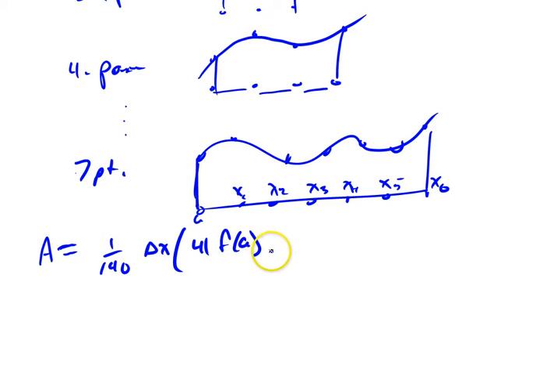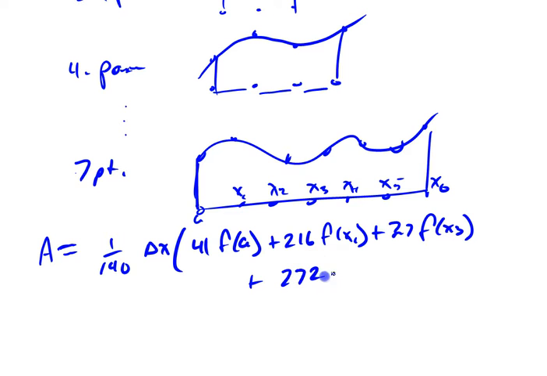So 41 times the first one, plus 216 times the second one, plus 27 times the third one, f of x3, plus 272 times the fourth one, and then 27 times the next one.